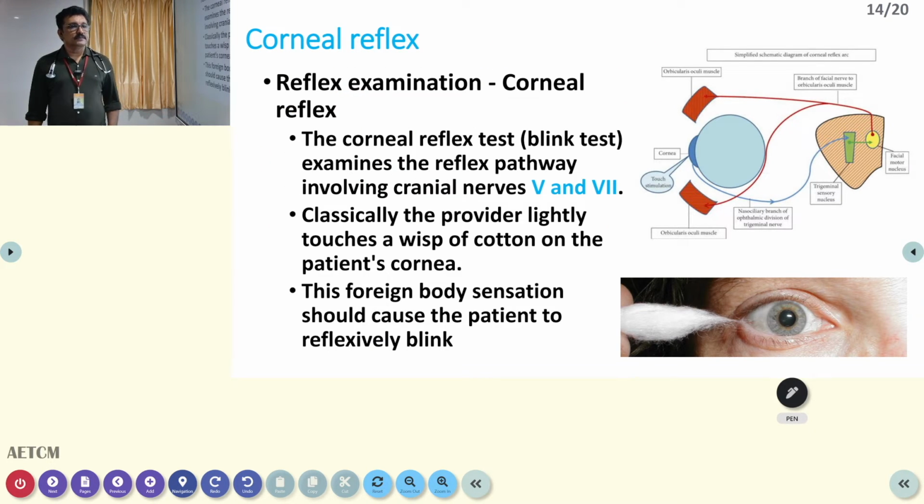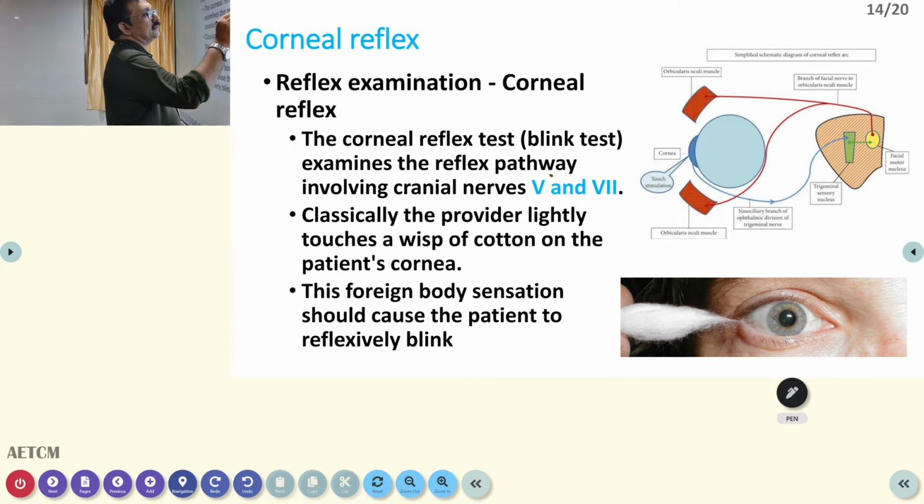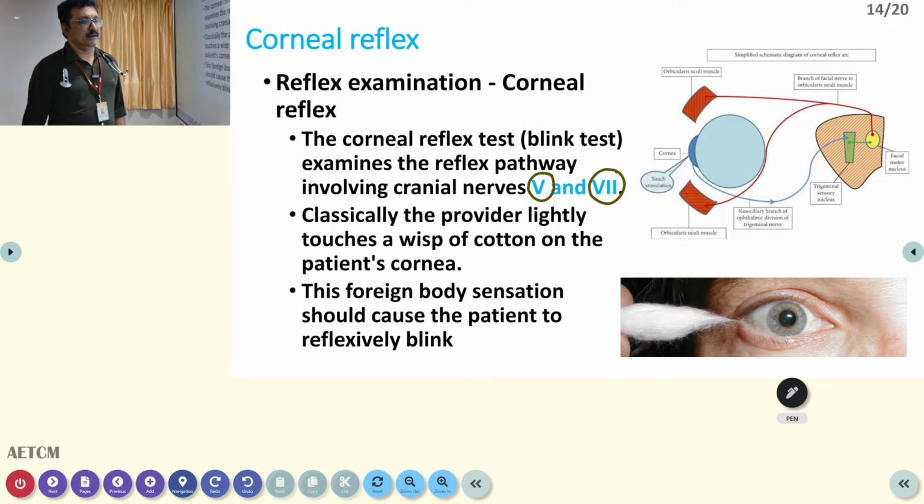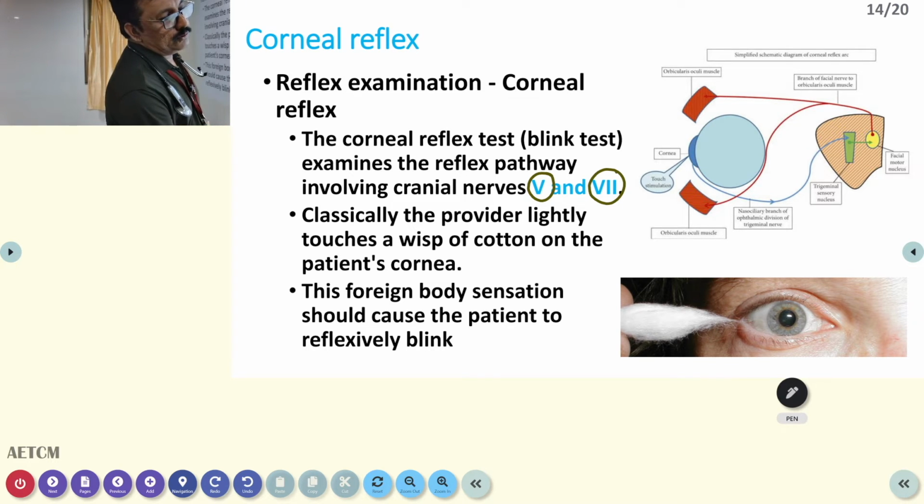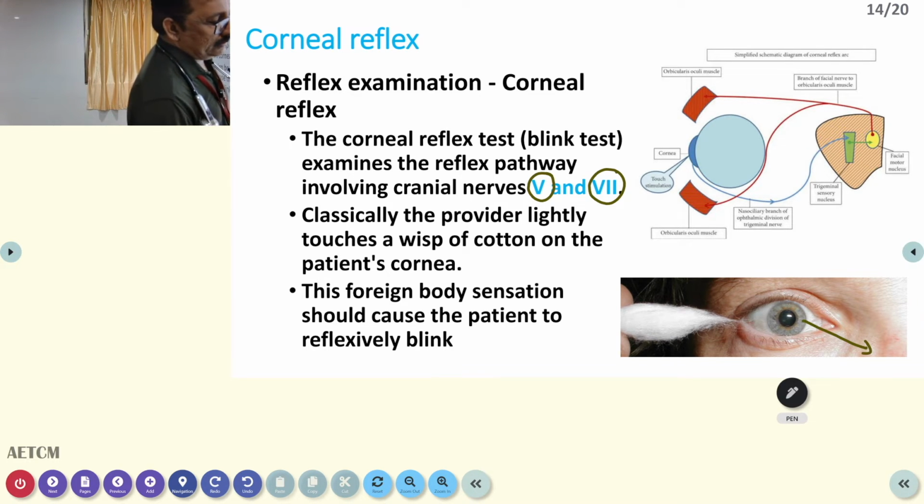Now, corneal reflex is another important reflex you can examine. Here, we are testing both nerves. The sensation is taken to the brain by the 5th cranial nerve, and the closure of the eyelid will be produced by the 7th cranial nerve. You ask the patient to look away from the cotton swab. You are touching the eyelids, and ask the patient to look away and up.